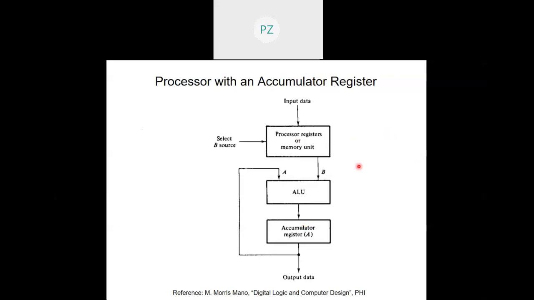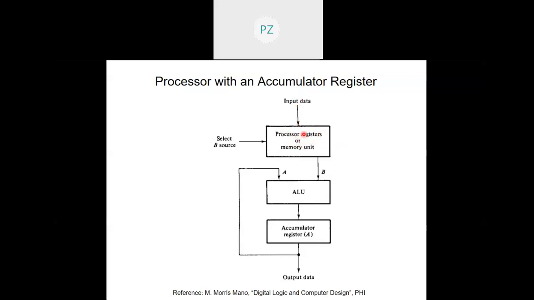So the data was implicitly coming into A. Similarly, when I say LDI OPRD, load immediate operand, I meant to say that operand OPRD has to come into accumulator, even though I was not mentioning accumulator explicitly. So that way accumulator register enjoys a special privilege because this is connected to ALU output. So we have the input data, processor registers or memory unit, whatever way you want to put it.